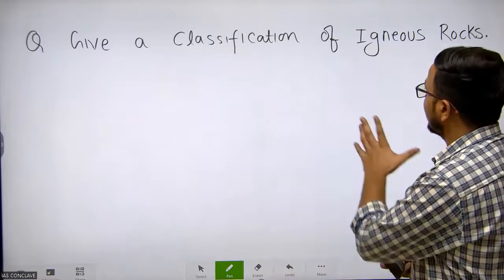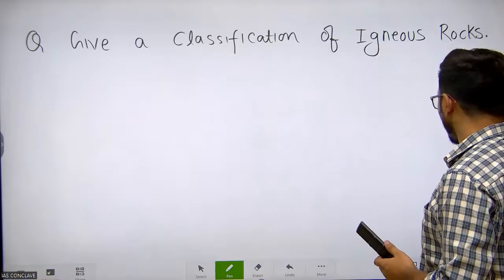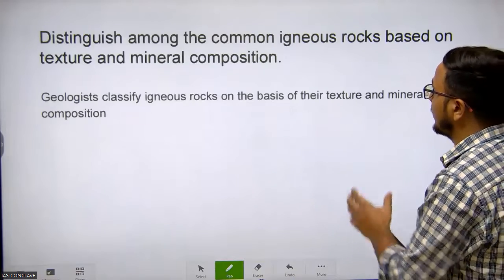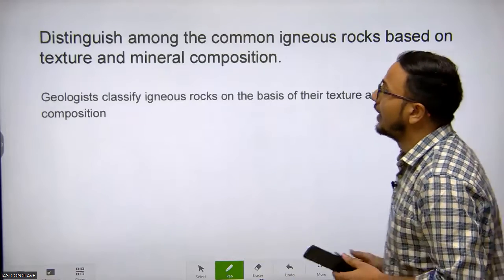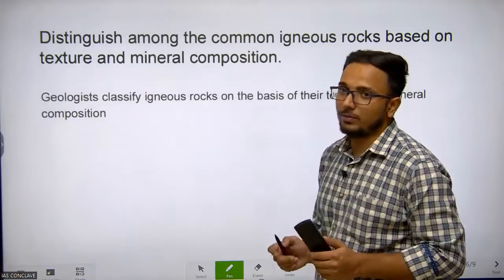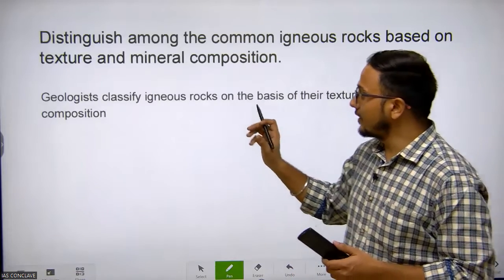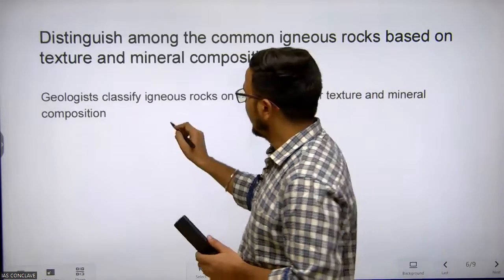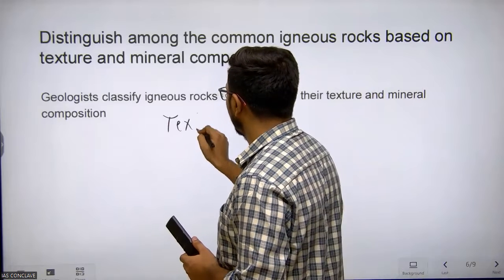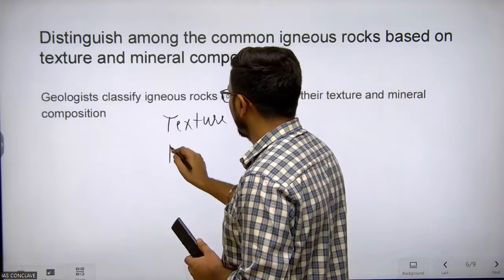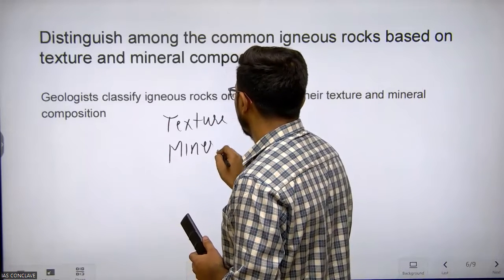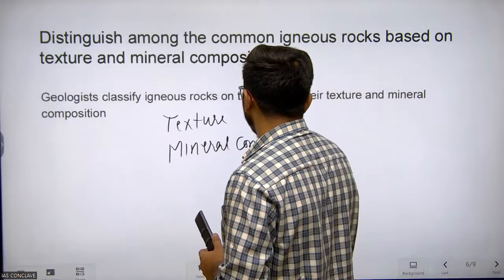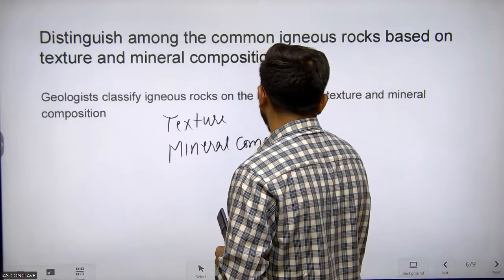Give a classification of the igneous rocks. Distinguish among the common igneous rocks based on texture and mineral composition. Basically, geologists classify igneous rocks based on texture and mineral composition. Why?